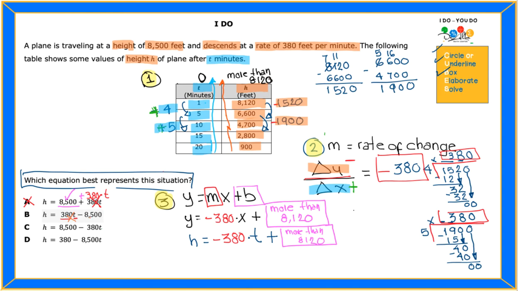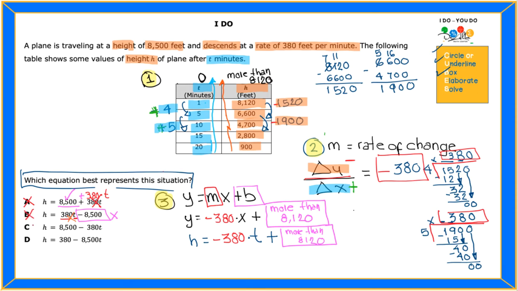And then what about the 8,500? We also know that the number that is by itself, with no variable, needs to be more than 8,120. But we got negative 8,500. This is the opposite sign, so this cannot be your answer.